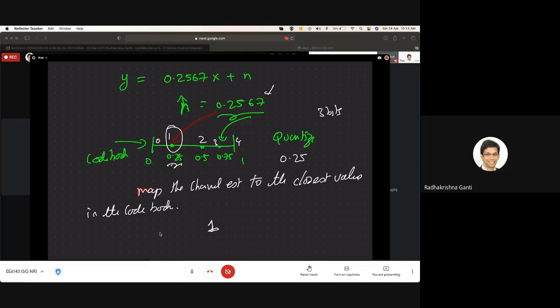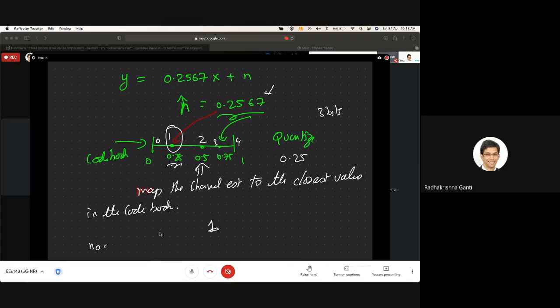Is this concept clear? One thing you can see is that if you want more and more accuracy, you have to use more and more points, so your code book size increases.